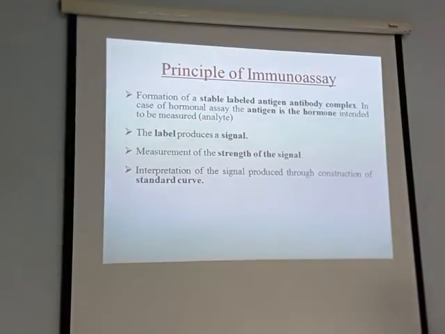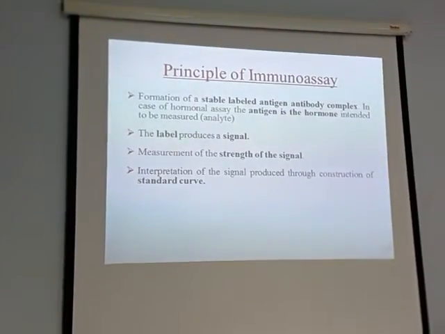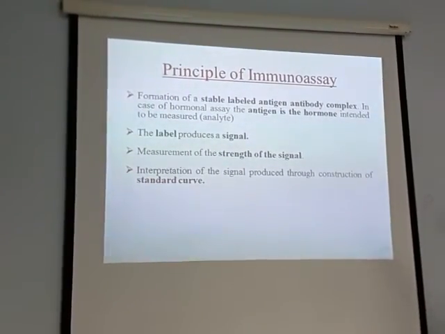The core principle is that immunoassay techniques estimate the formation of the antigen and antibody complex only. The formation of the antigen and antibody complex is the main thing, for the estimation of unknown antigens. In our case, the antigen will be the hormone.